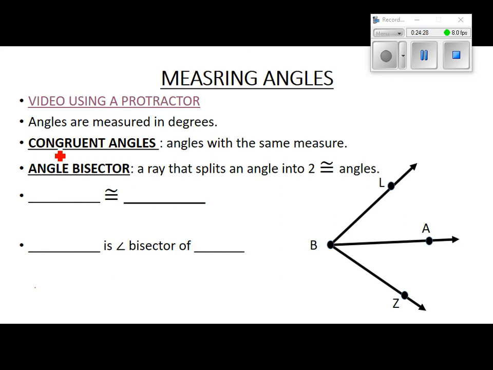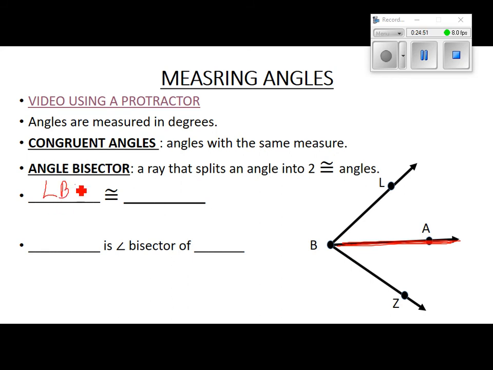So if I tell you that this right here is the angle bisector, what 2 angles can we write in here that have to be congruent? Angle LBA. Does everybody agree with that?